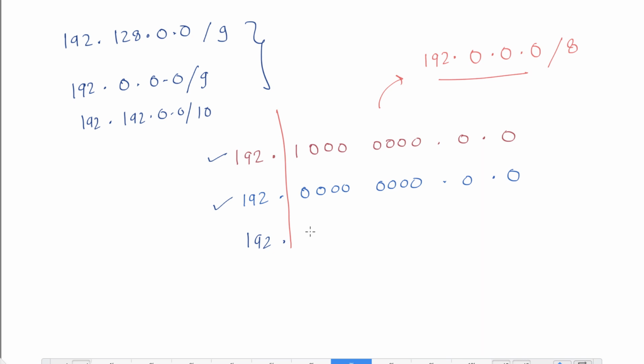For 192, it is 128 plus 64, which is 192, so it will be 1 1 followed by zeros, 0 0 0 0 dot 0 dot 0. So this is slash 10. Now just check up to what point things are common. Things are common only up to this point. So these three networks will also get combined into just one network, which is 192.0.0.0/8. I hope you got the idea.